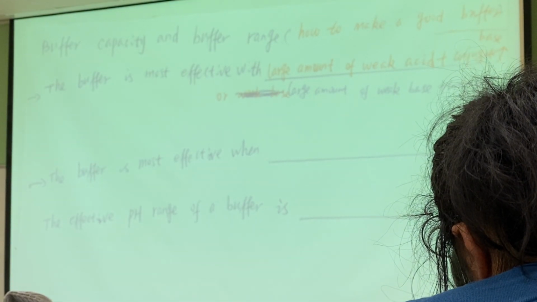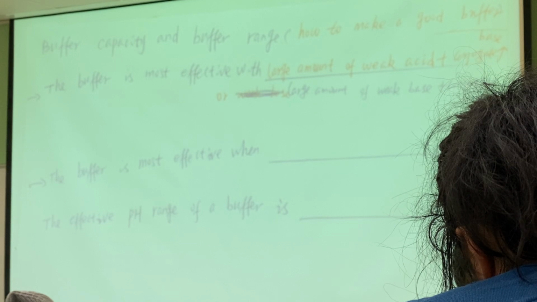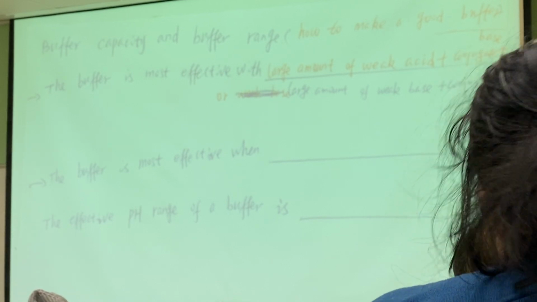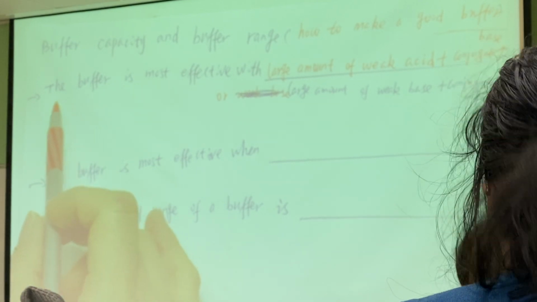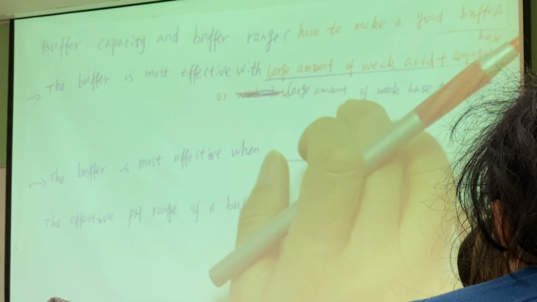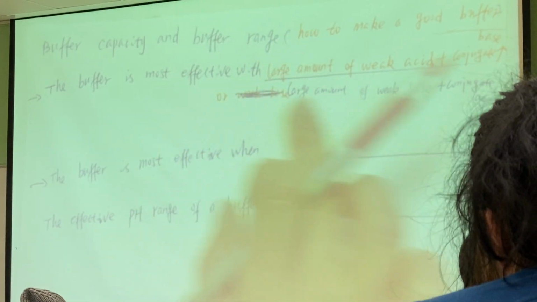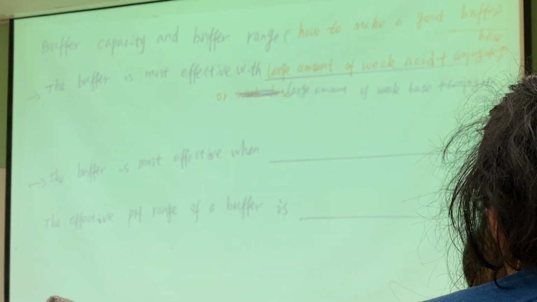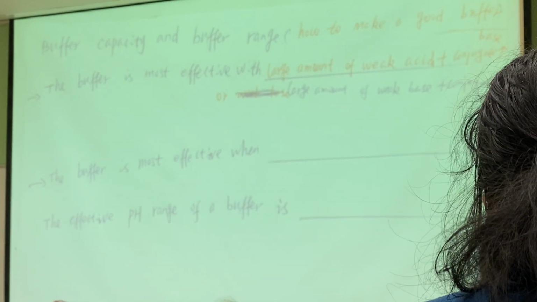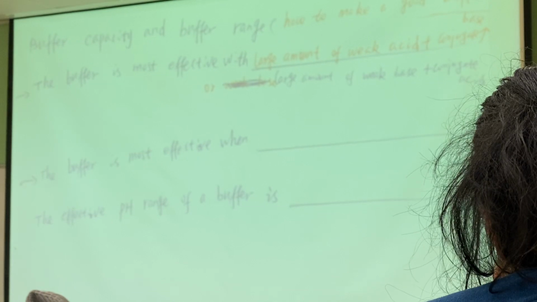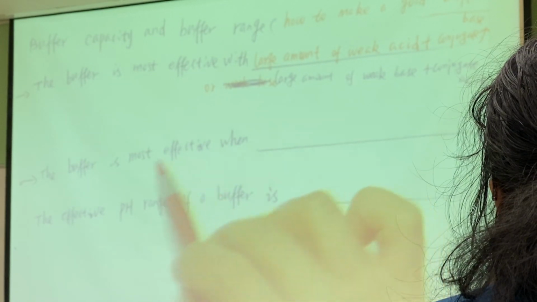Right? Depends on what pH you want. So that is through the definition we know. To make a good buffer, to make it most effective, you must have a large amount. Right? And another thing related is the pKa.